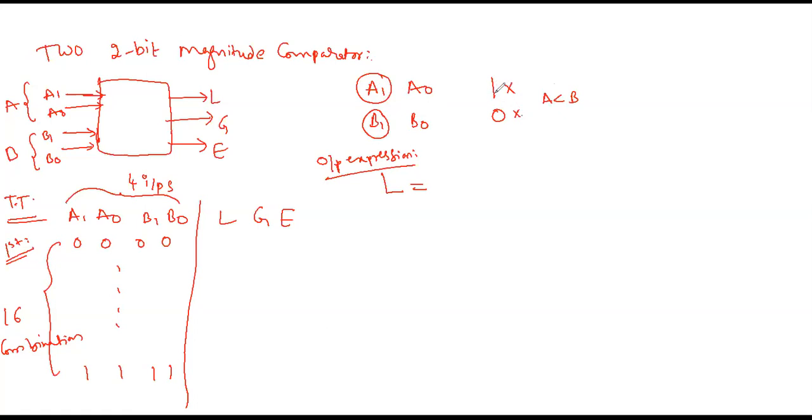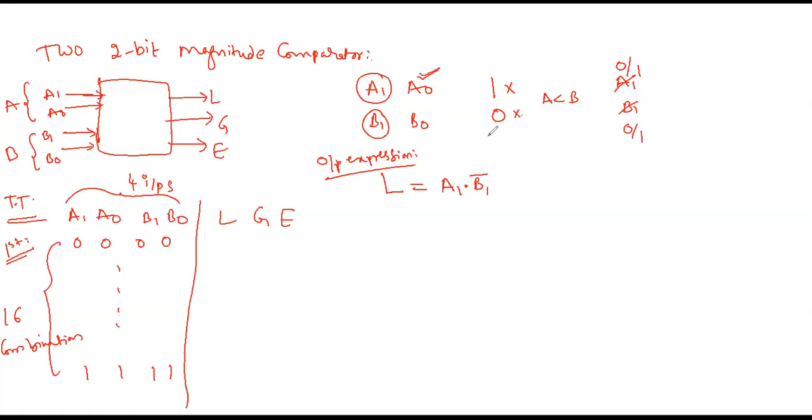Wait, so A1 is 1, B1 is 0 means A1 bar, B1. Okay, this is one combination. And when both are equal, whether A1 is 0 and B1 is 0, or A1 is 1 and B1 is 1, then to decide which is lesser, we will go to the next bit.